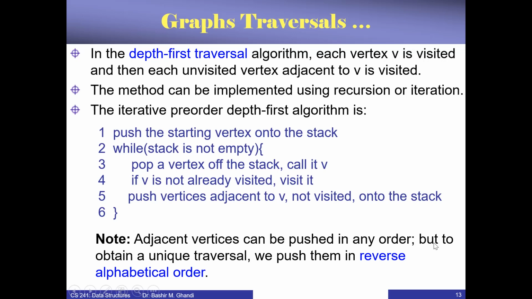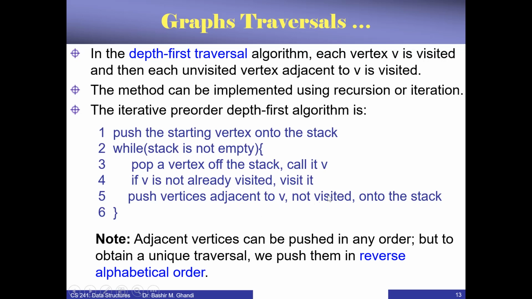To obtain a unique traversal, we normally push the vertices in reverse alphabetical order, assuming the vertices are labeled with letters A, B, C, D. What does that mean?